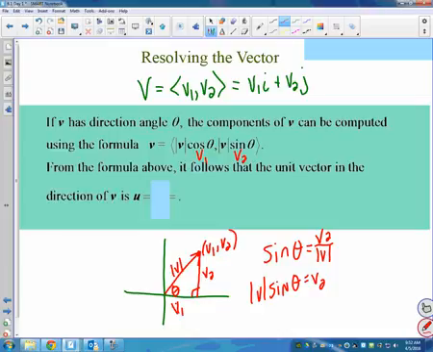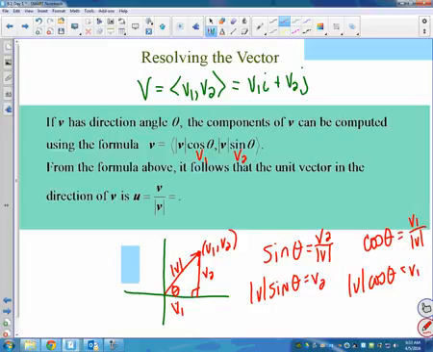And you could do the same thing for cosine. Cosine of theta equals v sub 1 over the magnitude, which means if we solve for v sub 1, we get that formula. Again, if we wanted the unit vector, a magnitude of 1, our formula is the vector divided by its magnitude.